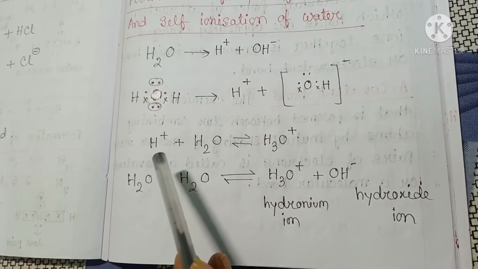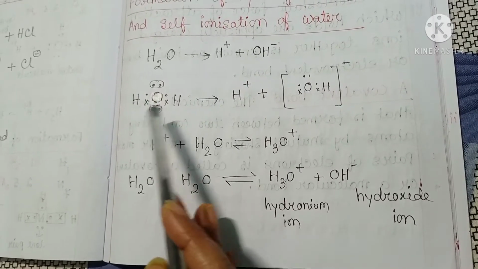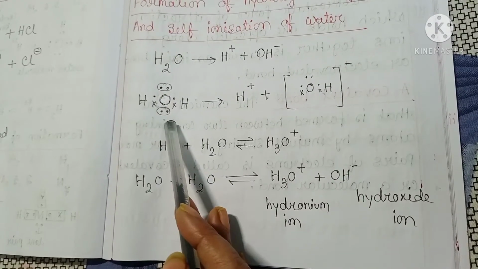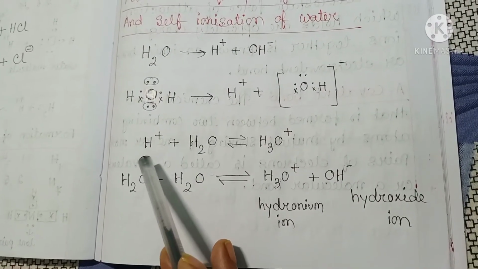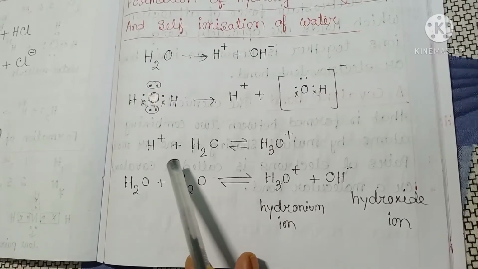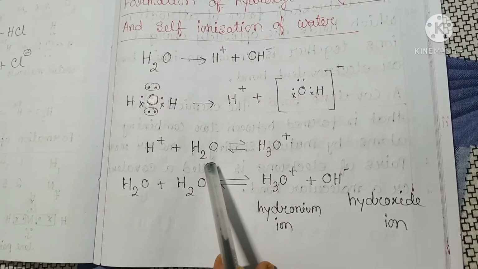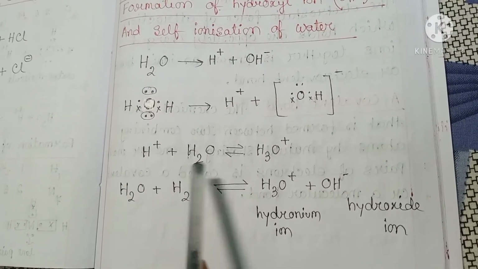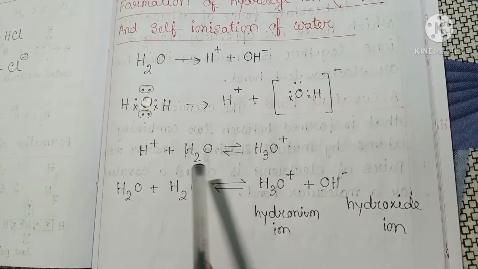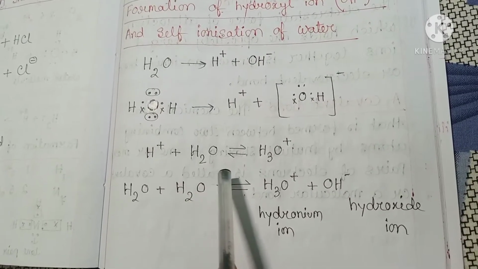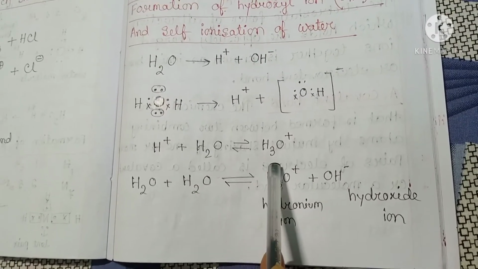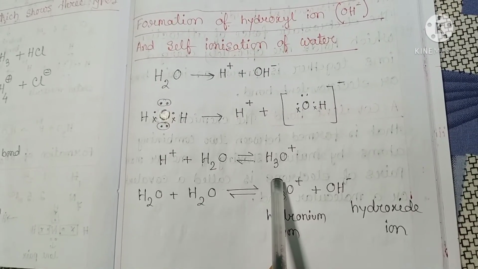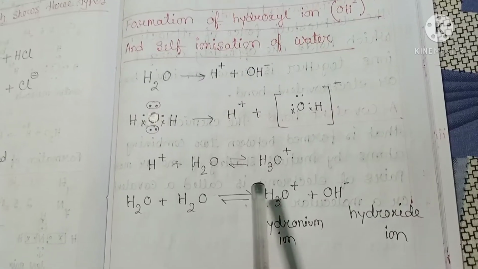Now the water molecule contains two hydrogen atoms and one oxygen atom. A positive hydrogen ion is formed when water ionizes. This H plus ion is transferred from a water molecule to the oxygen atom of another water molecule, forming the hydronium ion.